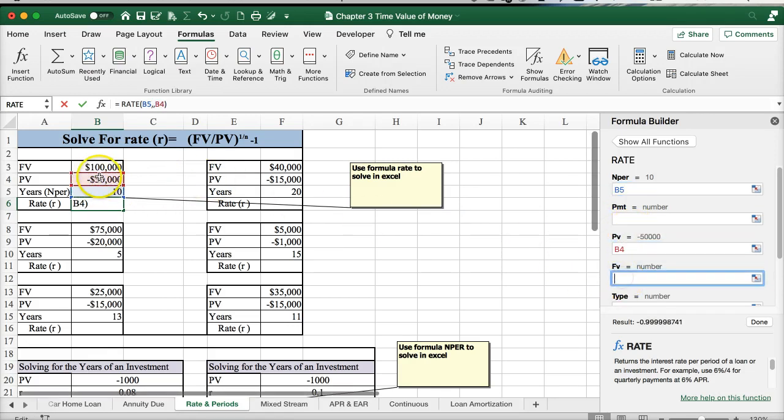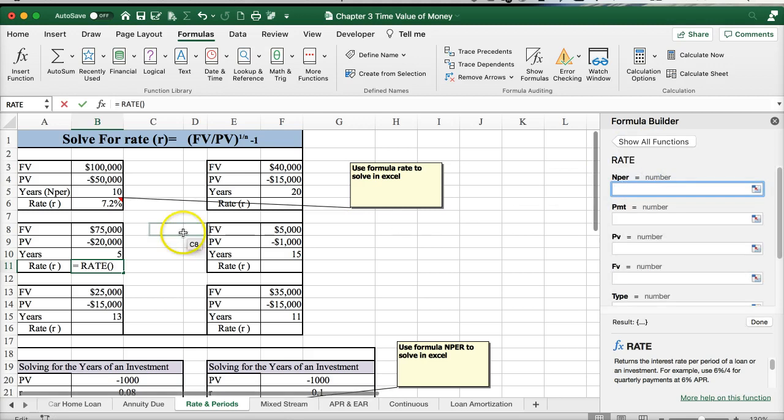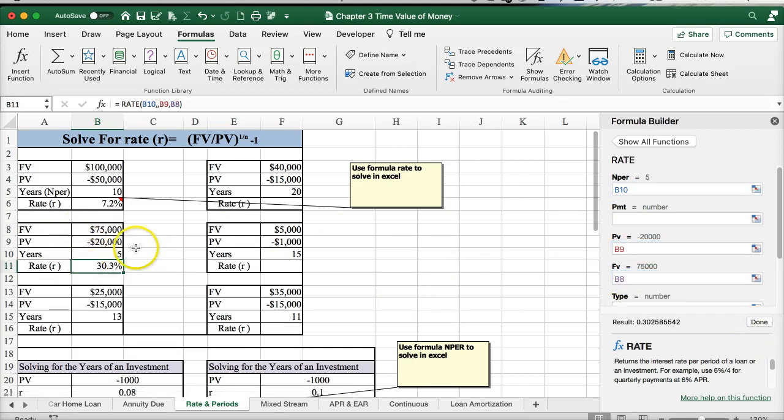We're going to put in our future value, and this will tell us our rate of interest. So very simple to calculate. I'll do it again. Use the rate function, use your N per, and then we use our present value and our future value, and this will tell us what the rate of the loan is. So that's how you can easily calculate rate.